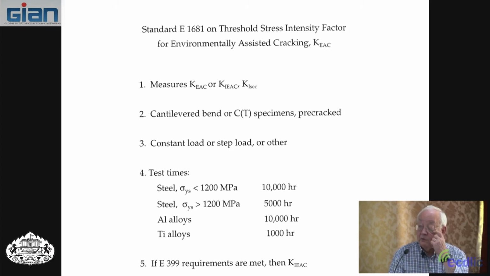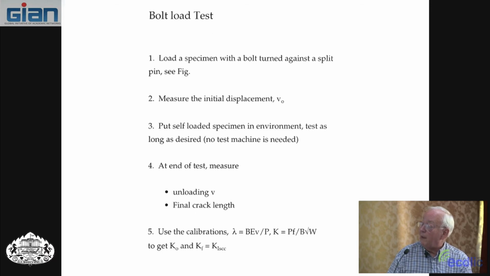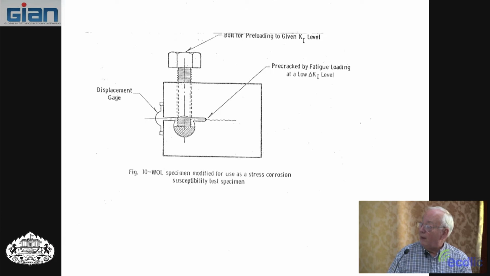And most test machines in the US that people buy cost more than $100,000. So if you are taking a $100,000 machine, having a test sit there for over a year without anything else being able to test, it's kind of a waste of that money for the test machine. So they wanted to have another way to test that wouldn't use up a machine, and they came up with this idea of the bolt load specimen. So I'll show you that.